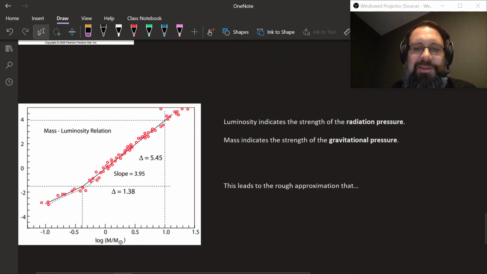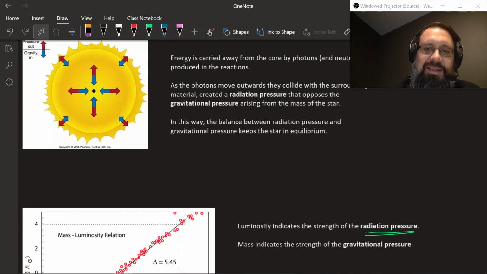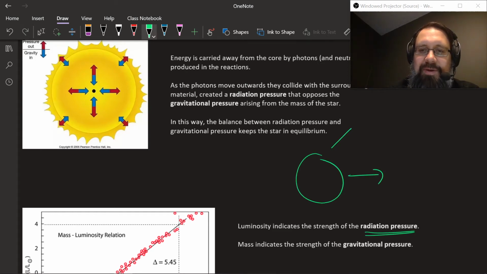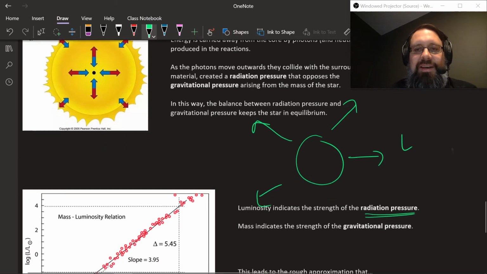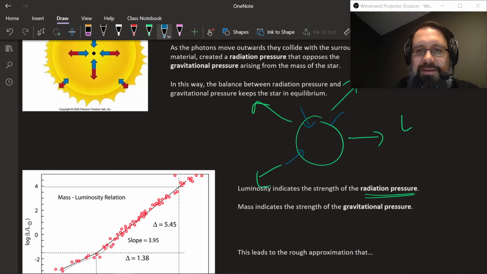Okay, so the luminosity indicates the strength of the radiation pressure. So that outward pressure that the star is exerting from the radiation pressure is a result of the luminosity of the star. And the inward pressure due to gravity is a result of the mass of the star.